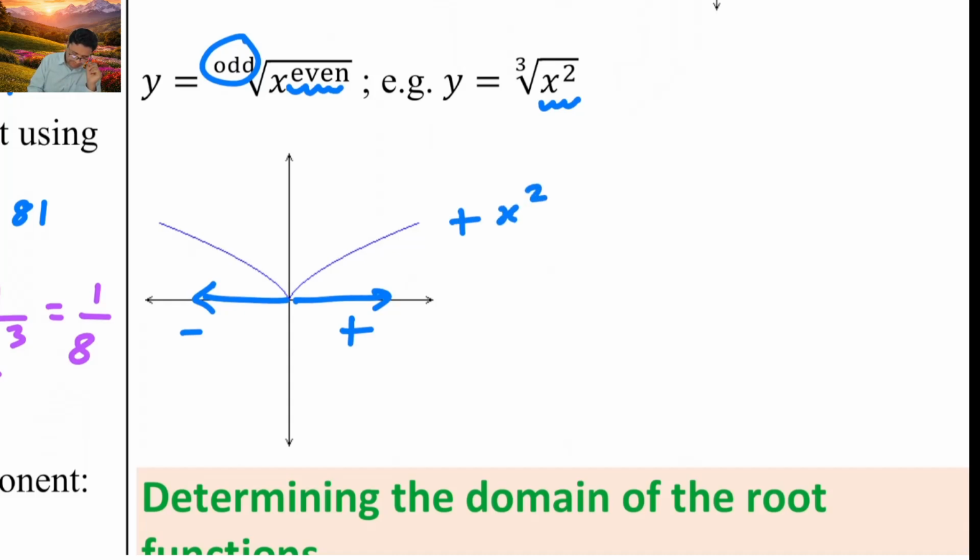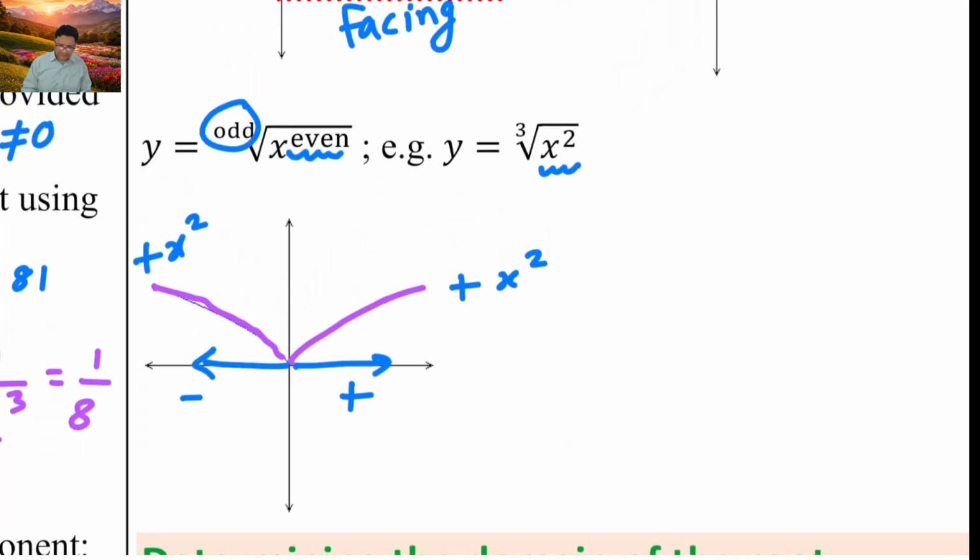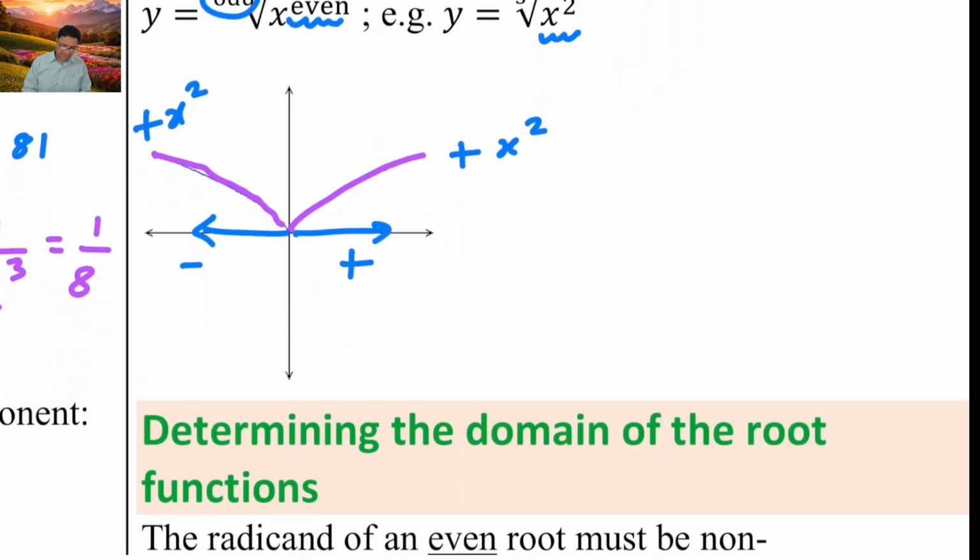X square will be positive in both cases. And because x square is positive, you can find its cube root, which will be a positive value, and hence you see this graph, both sides increasing. And so on. We're just discussing different possible cases here.